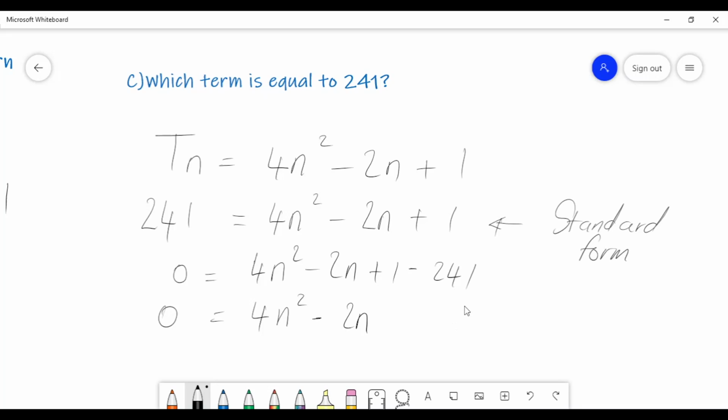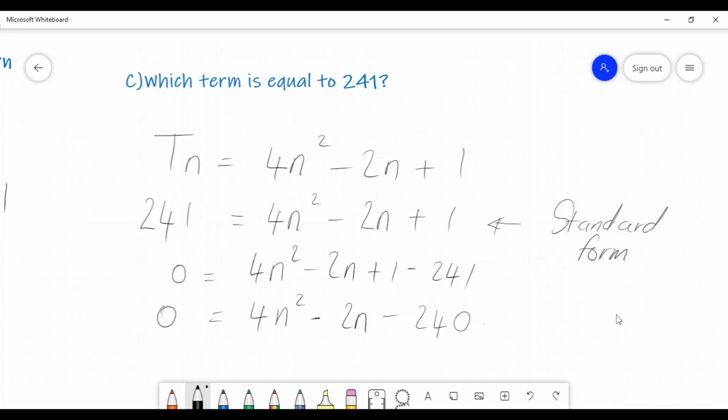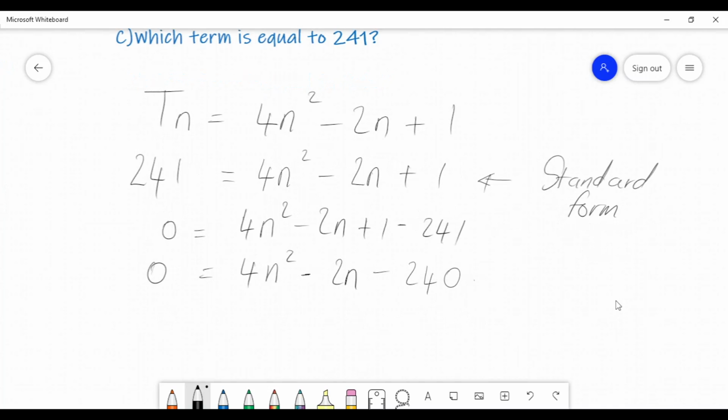How much do you get? You get negative 240. Now we can already see that this equation is in its standard quadratic form.